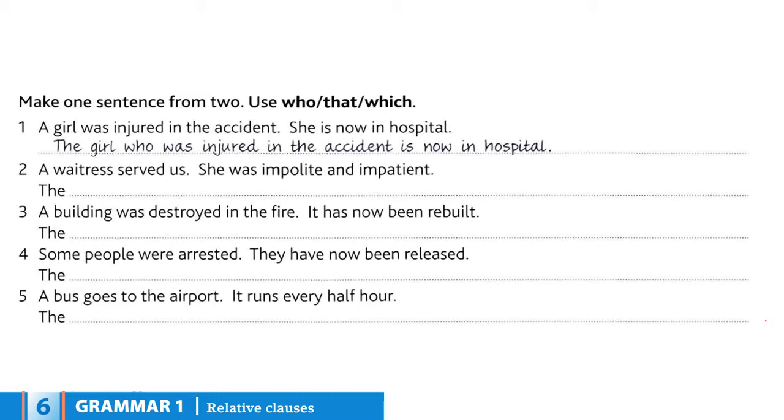Number 1. A girl was injured in the accident. She's now in hospital. So here you have two sentences. You have to put them together with a relative clause. In this case, take a look.